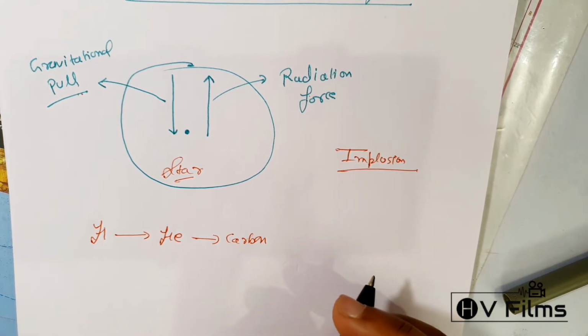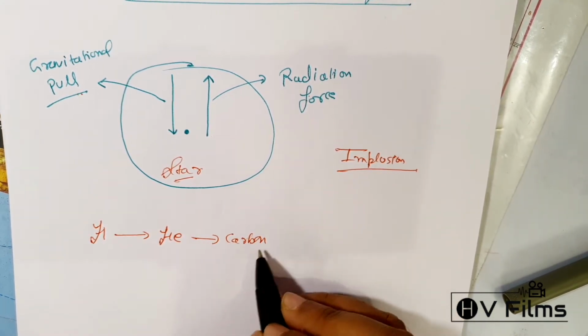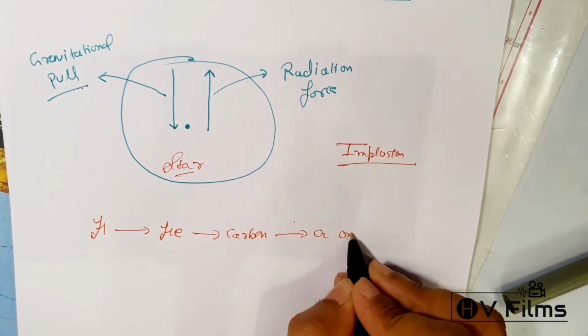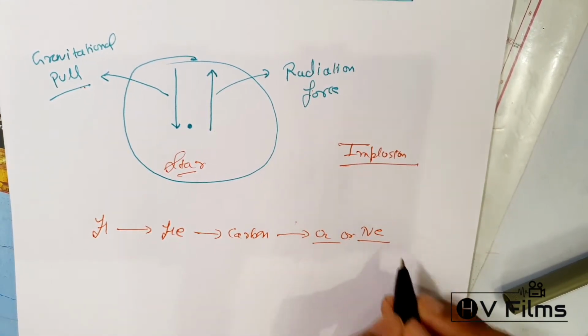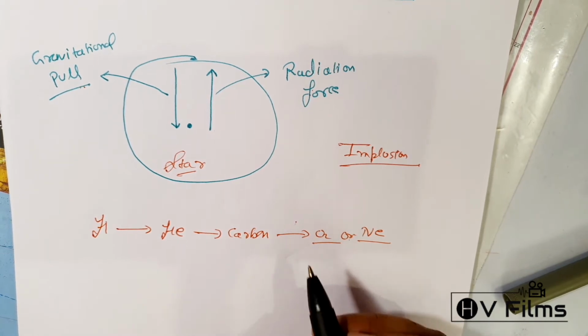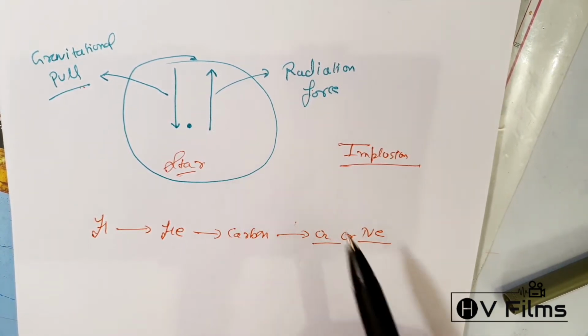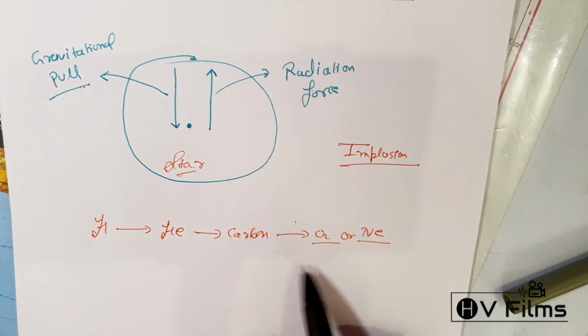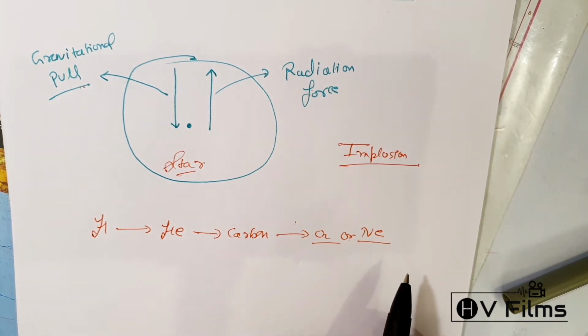At even higher temperature, the carbon nuclei will fuse to oxygen or neon. So as nuclear fusion takes place and the temperature rises within the star, hydrogen goes to helium, then helium to carbon, then oxygen and neon.